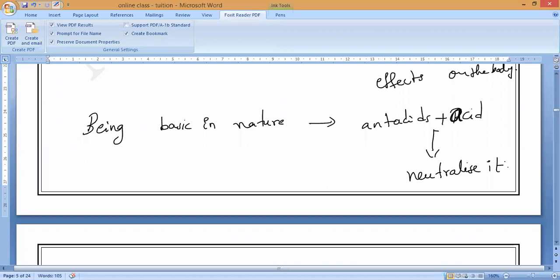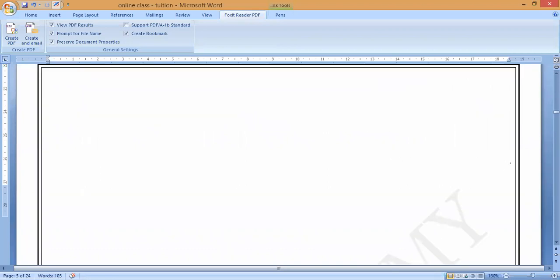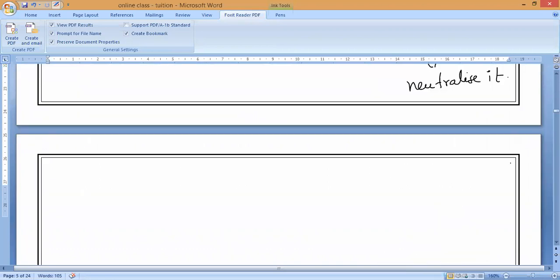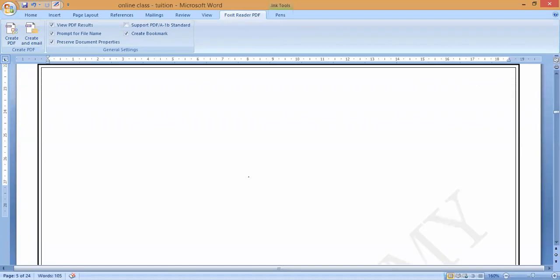The two common antacids we are using now, I am saying you make a box and remember. Two common antacids used for curing indigestion due to acidity: magnesium hydroxide, Mg(OH)2, and sodium hydrogen carbonate.